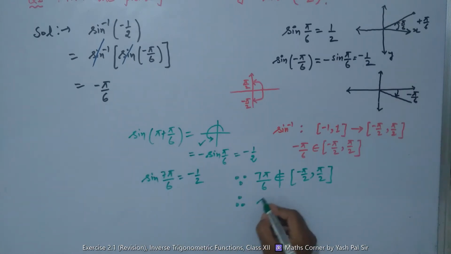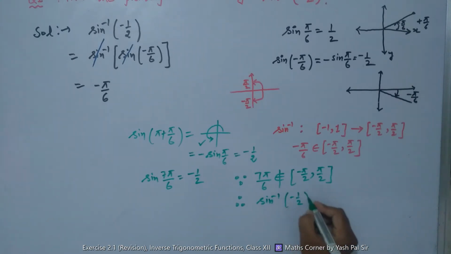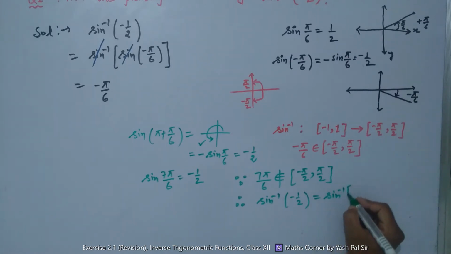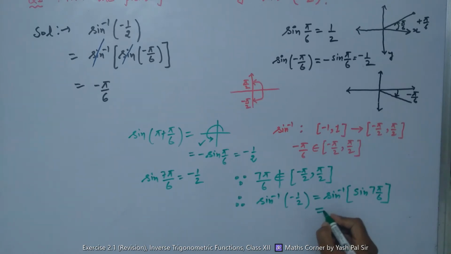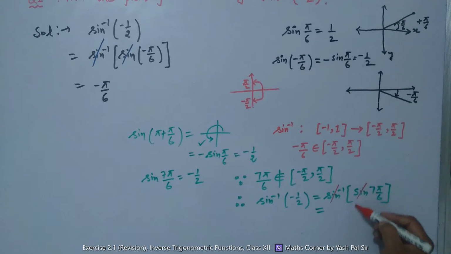Sine inverse of minus 1 upon 2 is equal to sine inverse of sine of 7 pi by 6. Up to this step there is no problem, but in the next step if we cancel these two, sine inverse cancels with sine, and we are left with the answer 7 pi upon 6.